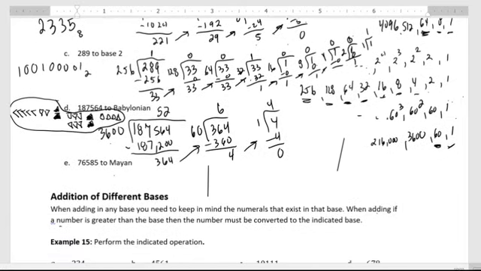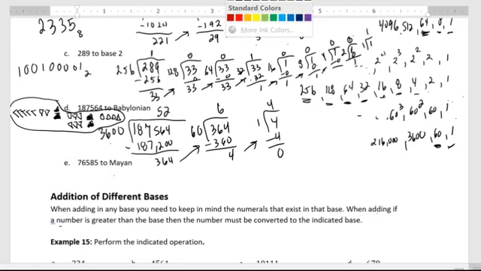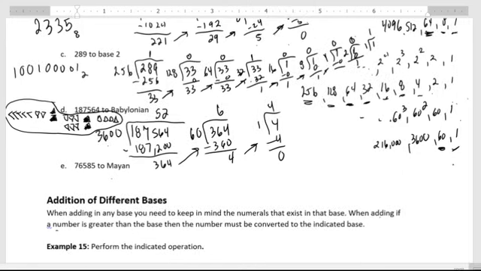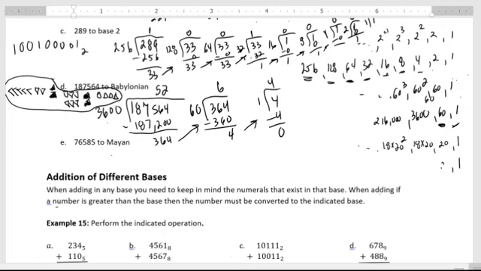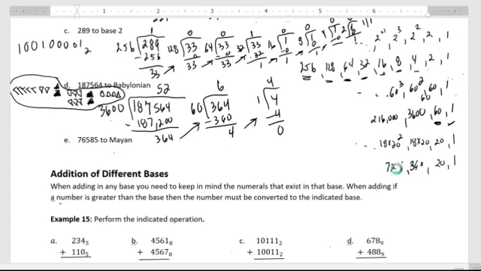Okay, let's try the Mayans. So the place value for the Mayans is 1, 20, 18 times 20, 18 times 20 squared, and so on. So we have 1, 20, 360, we have 7,200, and 144,000.